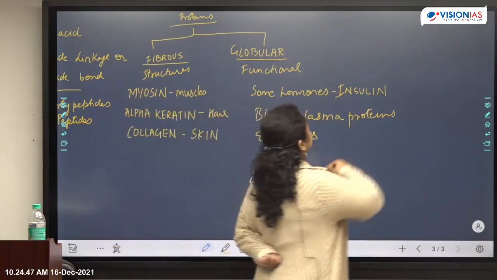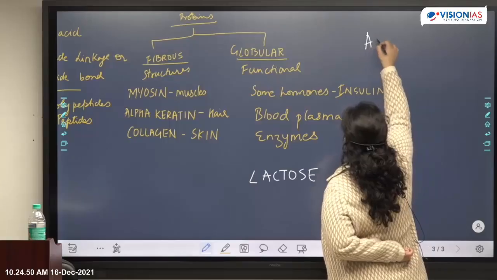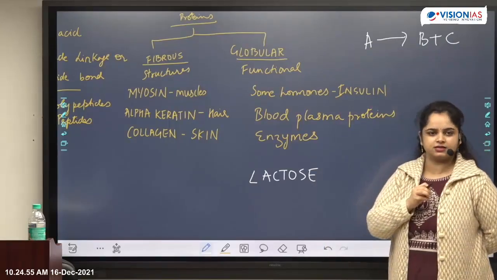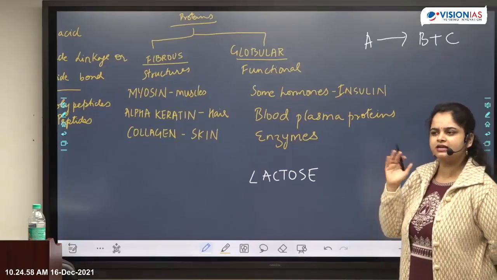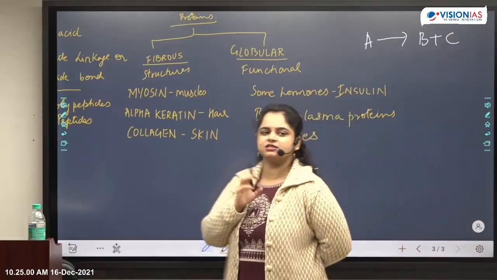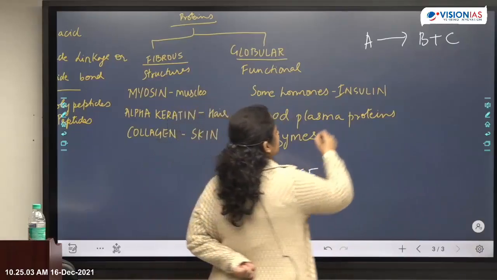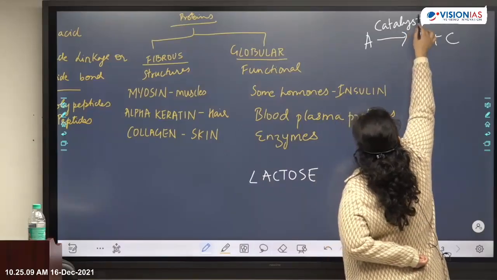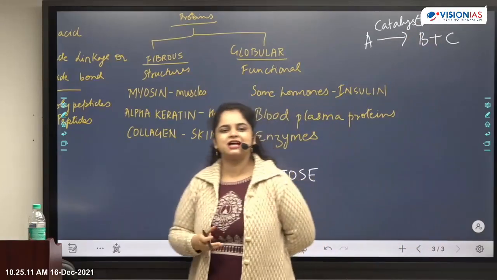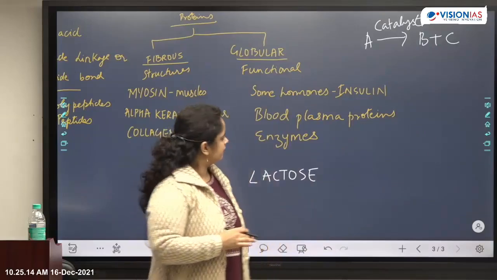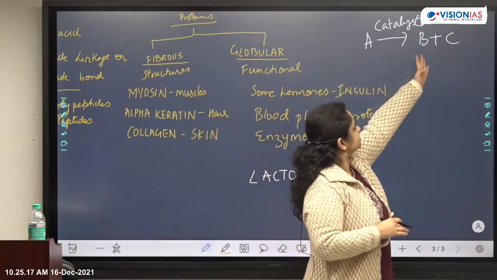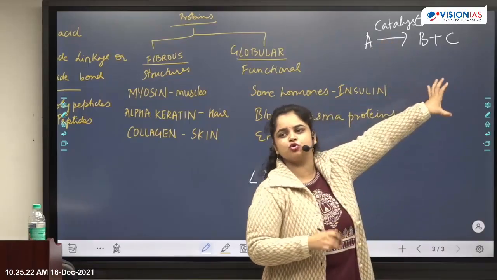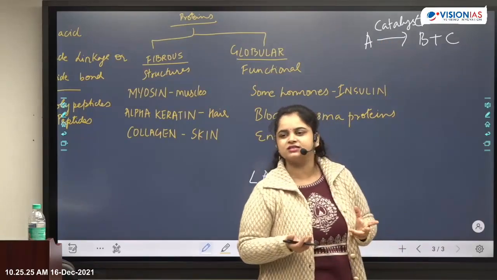In chemistry or in any reaction taking place anywhere, suppose if A is supposed to break down into B and C. A standard process, any reaction taking place where A is supposed to break down into B and C. For this, we might need a catalyst. So catalyst has nothing to do with the reaction itself. Neither is it A, nor is it B or C. But it is just something which is involved in the reaction and which is going to help the reaction. That is what is a catalyst.